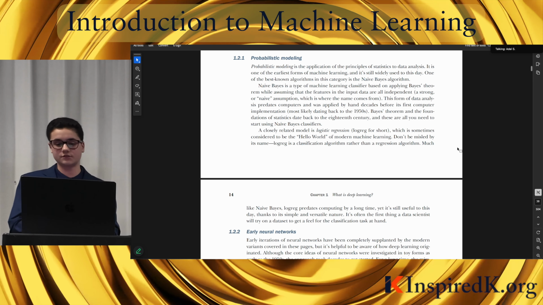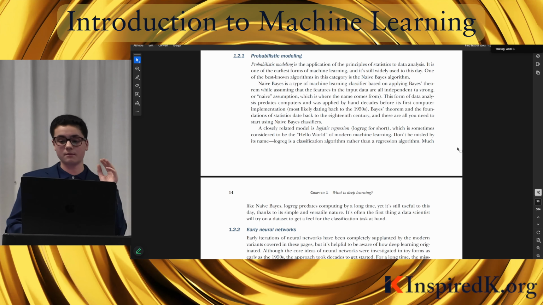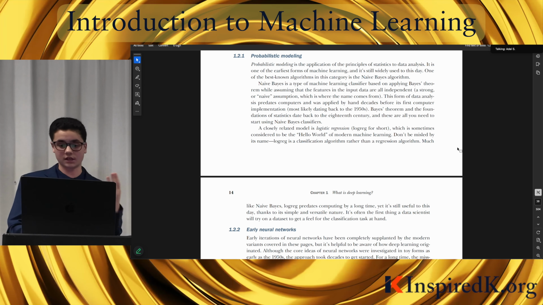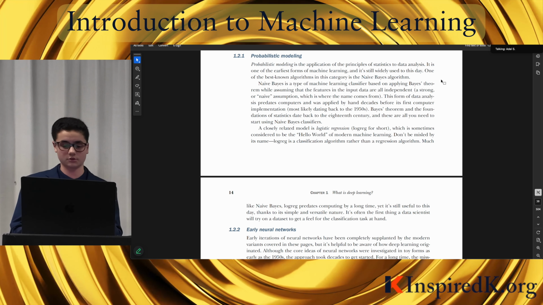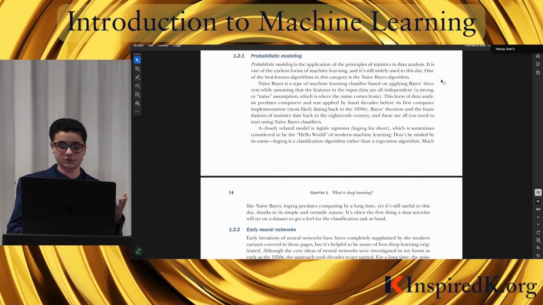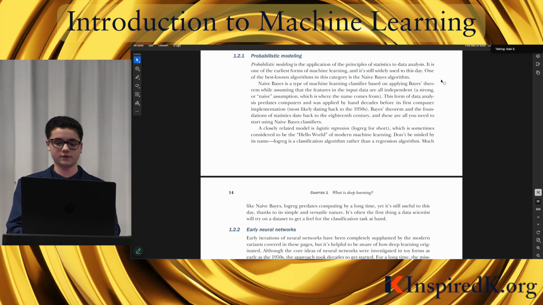First, the earliest form is called probabilistic modeling, which uses actual mathematics and statistics to classify tasks. In fact, methods such as the naive Bayes algorithm and the logistic regression algorithm were implemented by hand far before computers were invented.